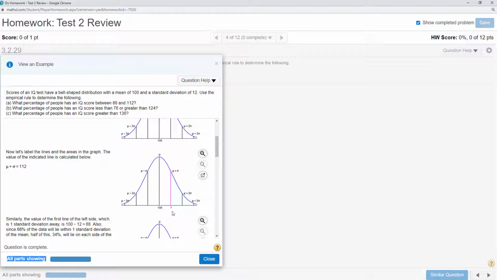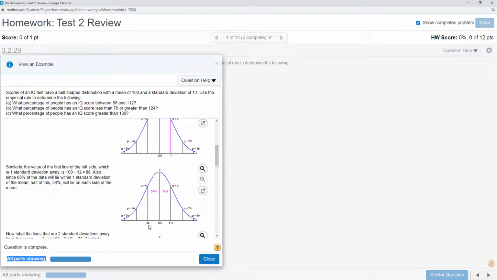By the same token, 100 minus one deviation, 100 minus 12, would be 88. So 68% of the data lies within one deviation from the mean. Splitting that in half, you get 34 below and 34 above.